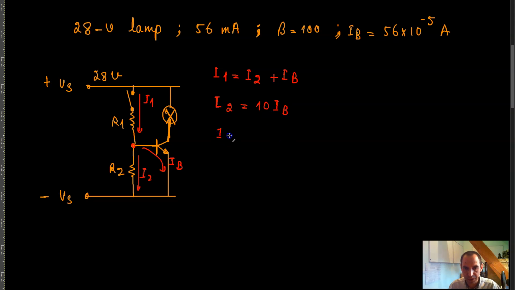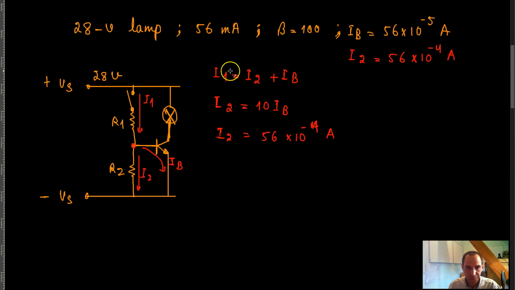So that means that I_2 is 10 times I_B, which would be 56 times 10 raised to the power negative 4 amps.